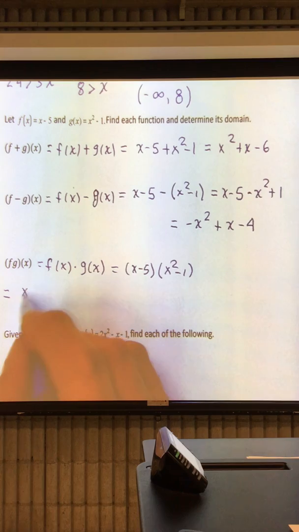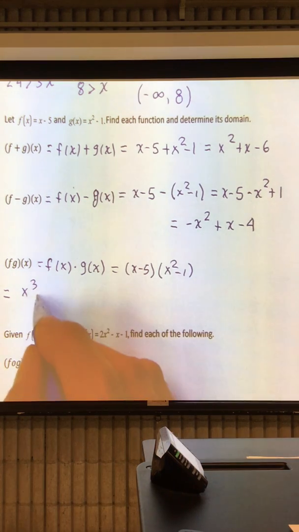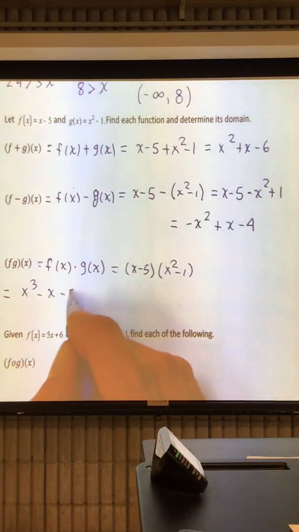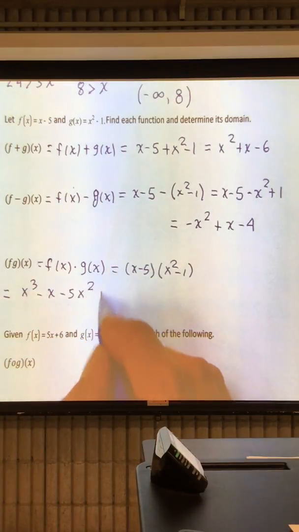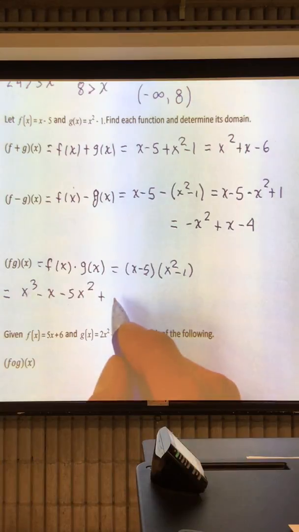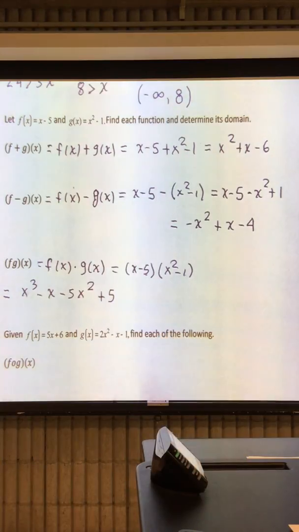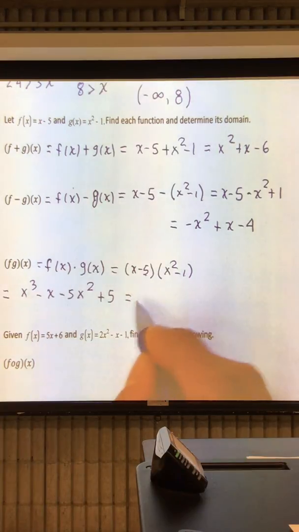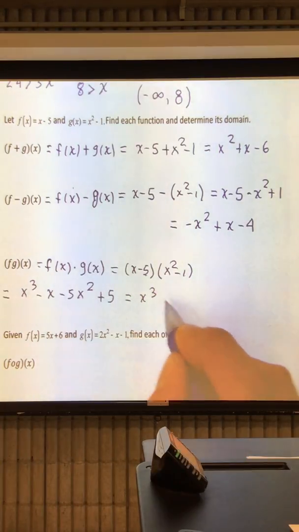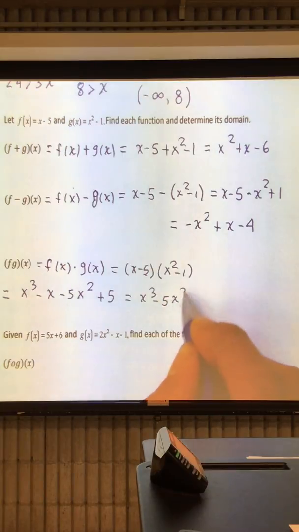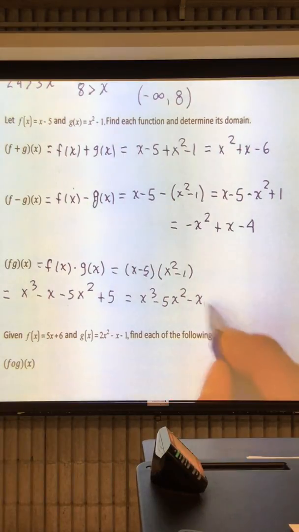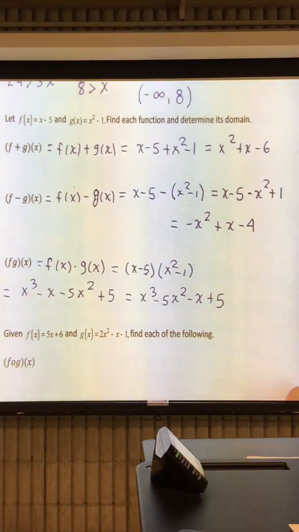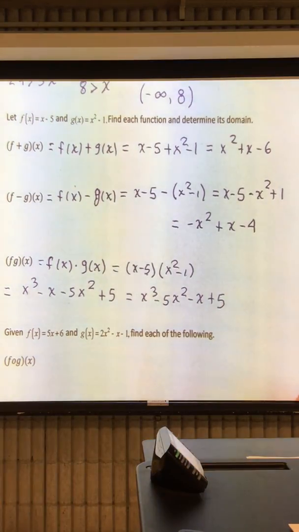So x times x squared is x cubed. x times negative 1 is negative x, minus 5 times x squared, and plus 5 times negative 1 is 5. Add up any like terms if we have them. We do not, so we could simply rearrange it to be x cubed minus 5x squared minus x plus 5. And again, that's a polynomial function, so the domain is all real numbers.